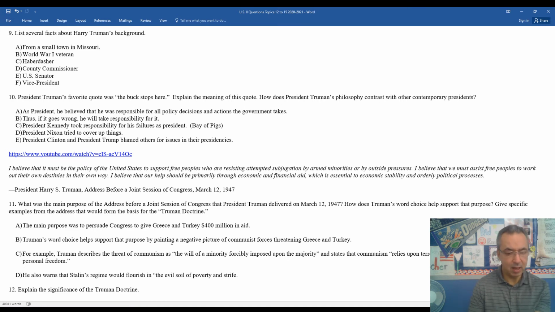He also warned that Stalin's regime would flourish in the evil soil of poverty and strife. He believed the United States and our allied countries needed to be united in supporting nations around the world who were attempting to resist the spread of communism.